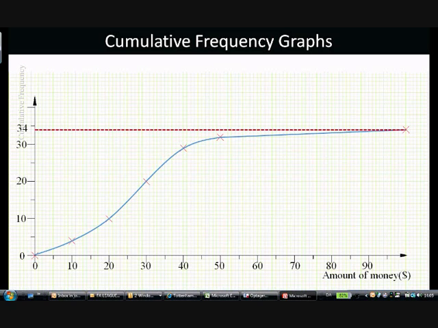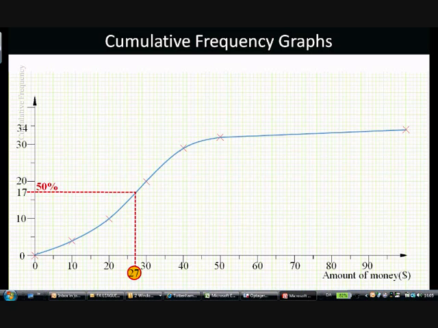Okay, so at the top of the graph is the 34th person, so that's the 100% mark. In the middle of the graph is the 17th person. Now, in spite of what we said previously when we were working out the median as n plus 1 over 2, so strictly speaking the median should be person number 17 and a half, but for a graph like this it's accepted you can just divide by 2, so 50%, 17th person, and that corresponds to $27.